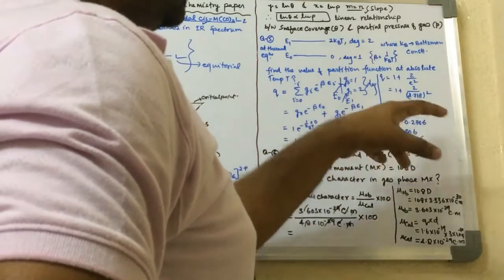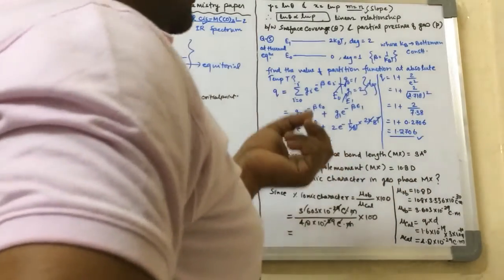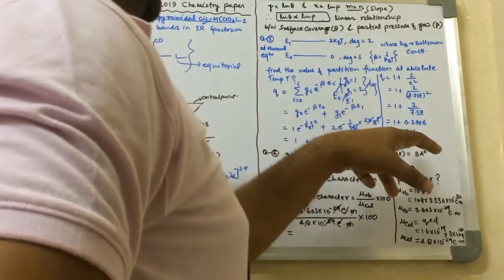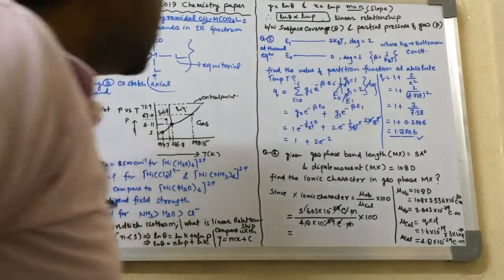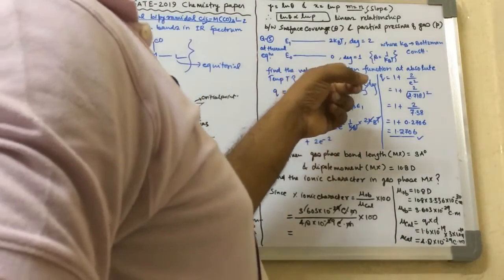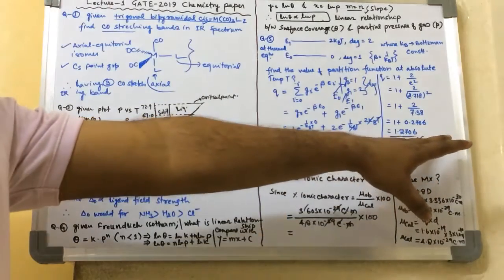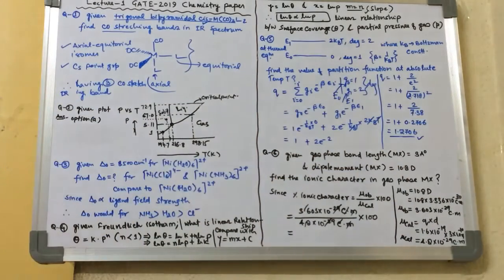If you divide 2 by 7.38 you will get 0.27, and adding this to 1 you get q equal to 1.27. This is the partition function value at absolute temperature. Okay, right. So now move to the next question, question number 6.